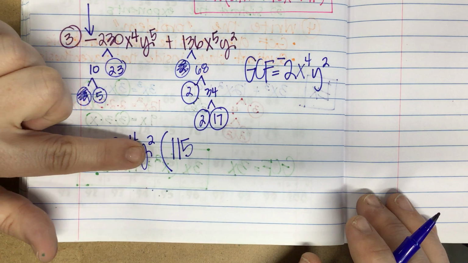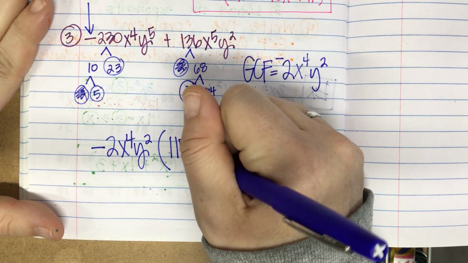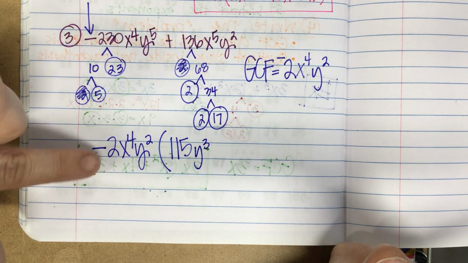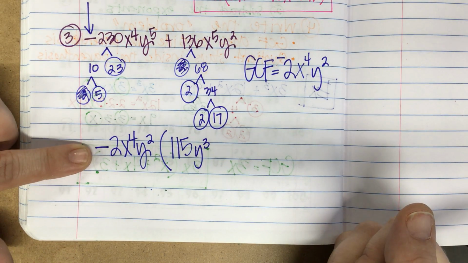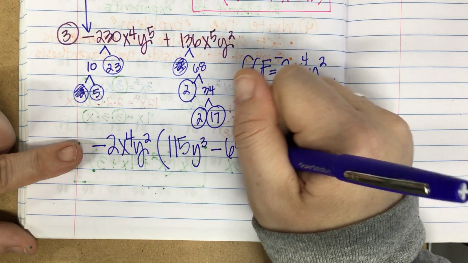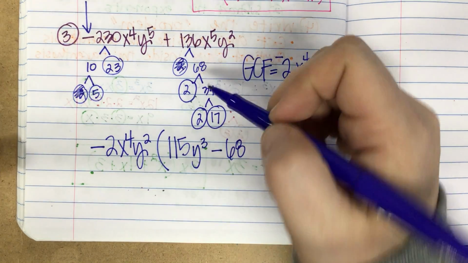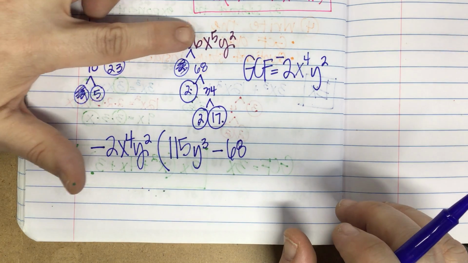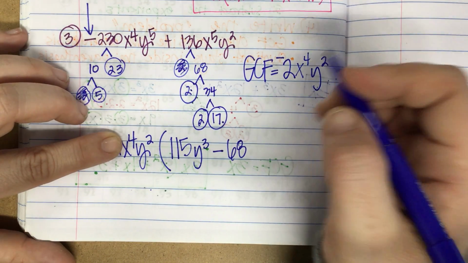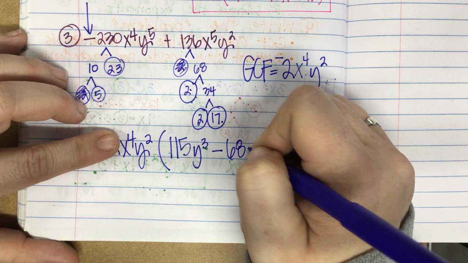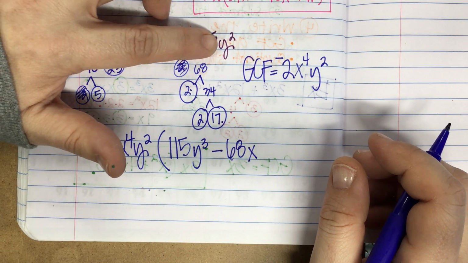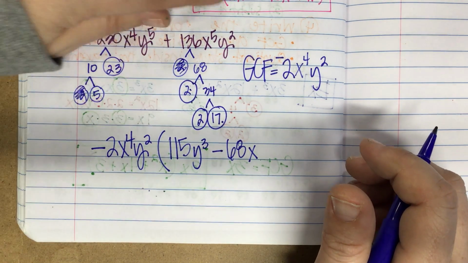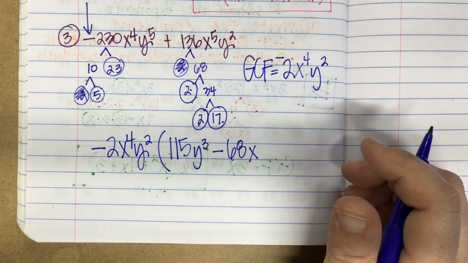Y to the fifth divided by y squared is y to the third. 136 divided by negative 2 is negative 68. What's x to the fifth divided by x to the fourth? Just x. And y squared divided by y squared: 2 minus 2 is 0. Y to the 0 is 1. It disappears.